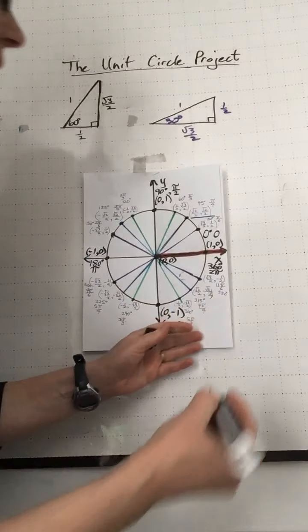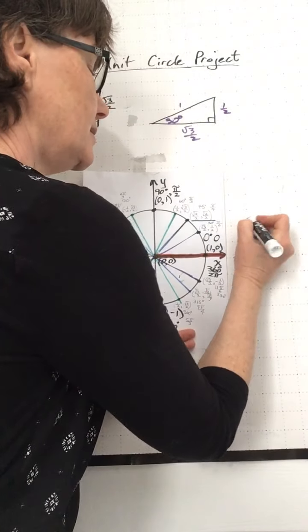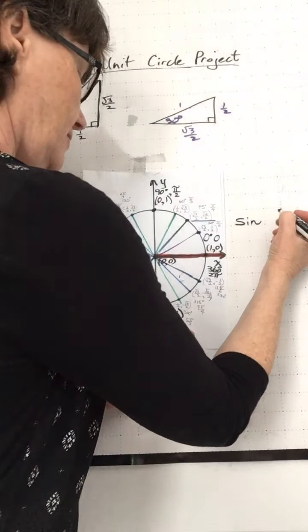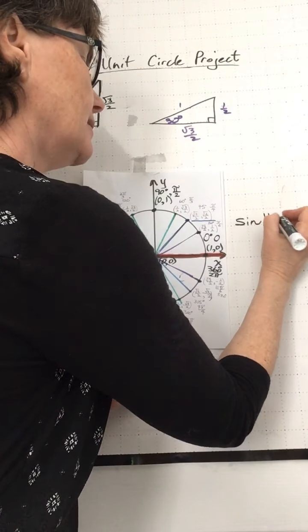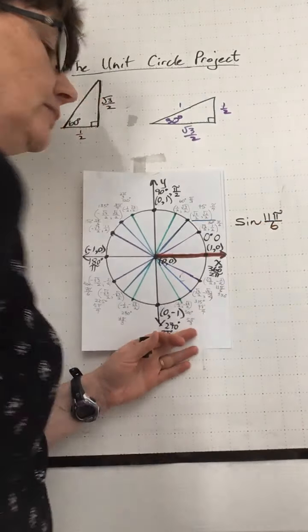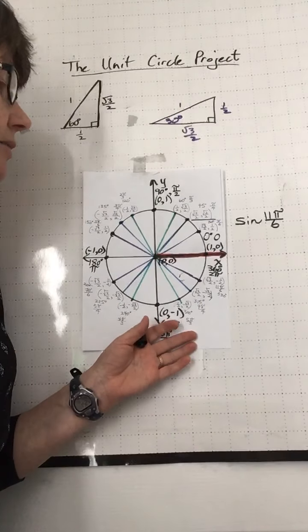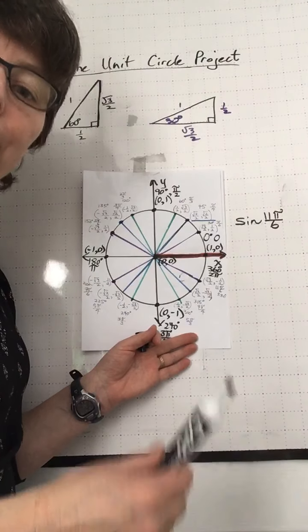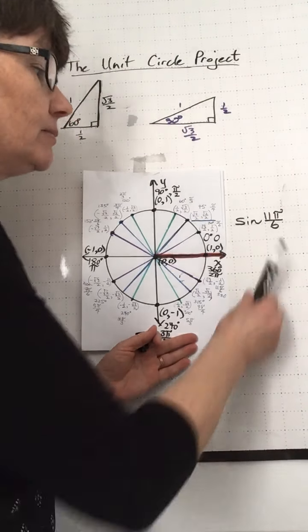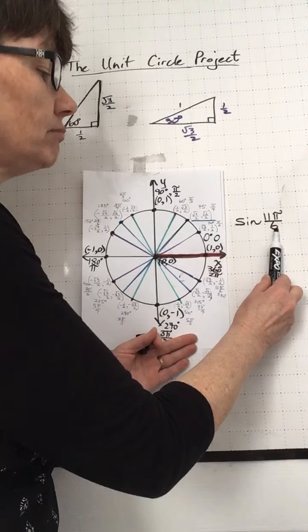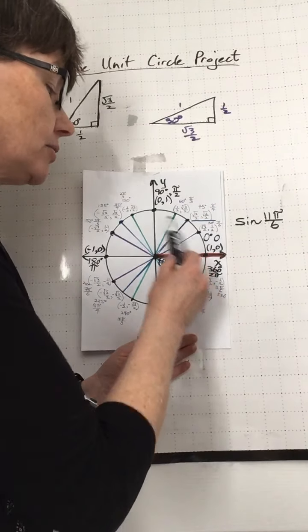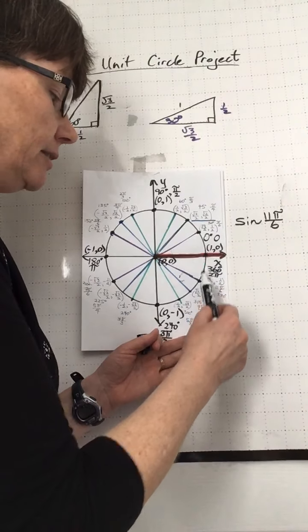So for example, if we said, what is the sine of 11π/6? So you would think of your unit circle, think about which quadrant that is in, think about what multiple it is of. So 11π/6 is a multiple of π/6. So you know that it goes all the way around counting 11π/6.